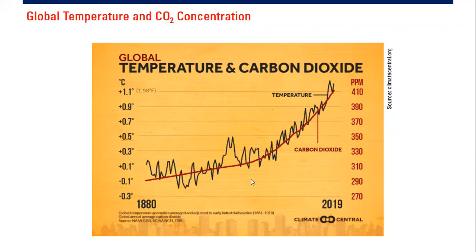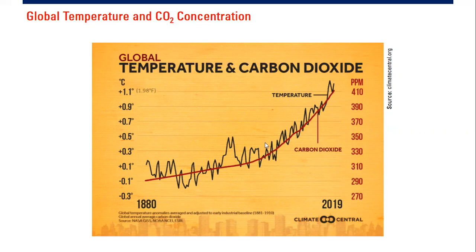And you can see quite clearly that there is an increase of global temperature, the black line, along with the increase of carbon dioxide concentration in the atmosphere. And you can see the slope is increasing.